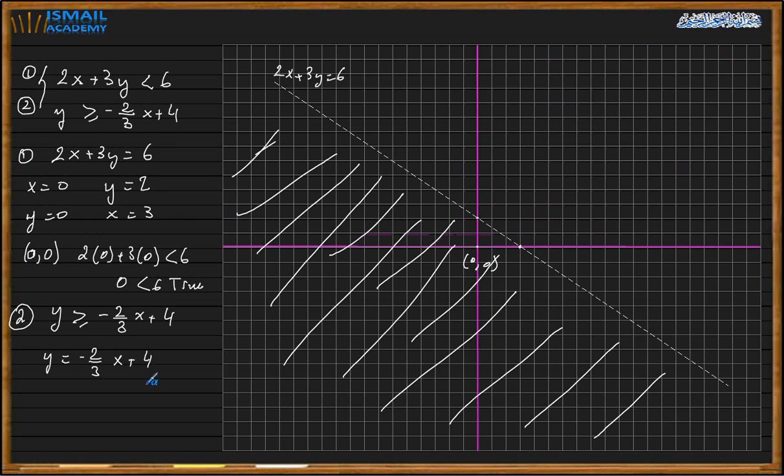To draw my line, the slope equals minus 2/3, which means rise over run, so I'm gonna run 3 and go down 2, or 1.